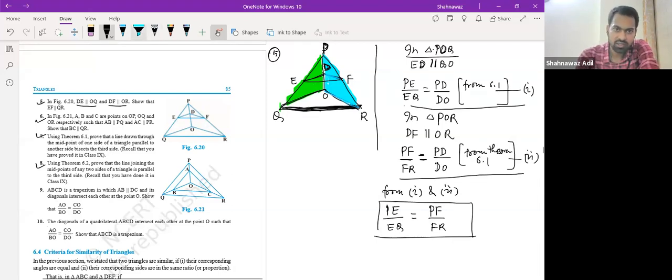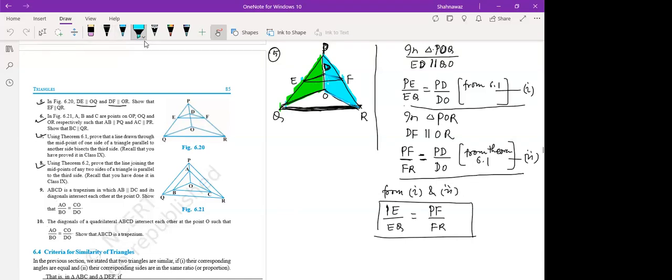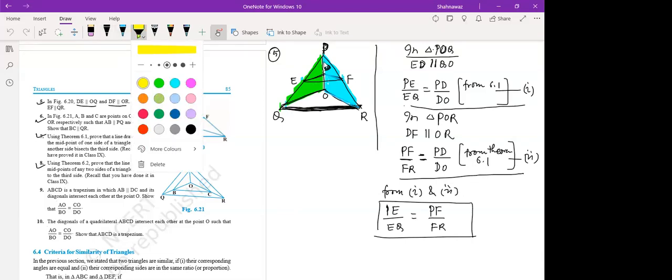Now see what PE by EQ and PF by FR signify. These are the ratios of the other sides, where E and F are points that lie on the PQ side and PR side. If these ratios are the same, what can we say about EF and QR? EF and QR are parallel.